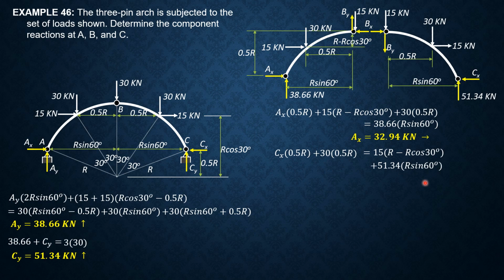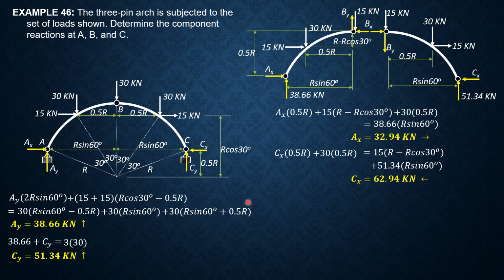So again, cancelling out R or treating R equal to 1, we can now solve for Cx. Cx is 62.94 kilonewtons.